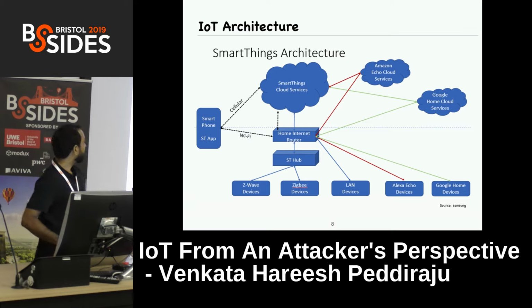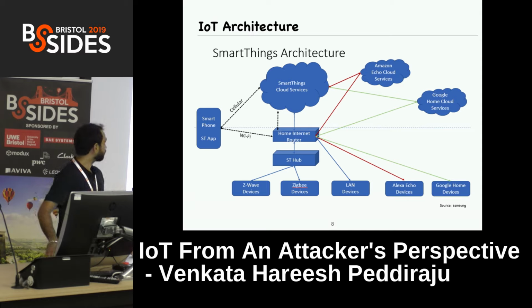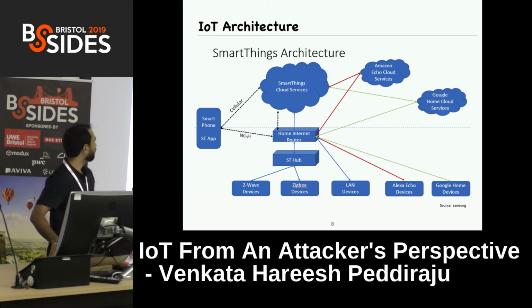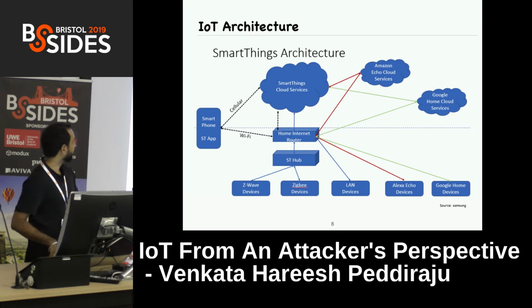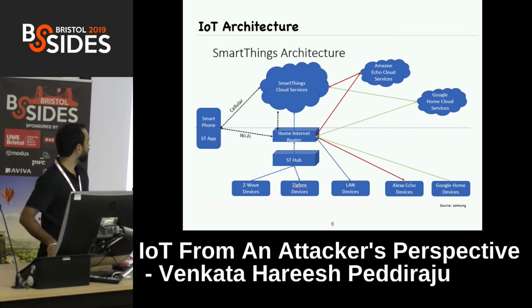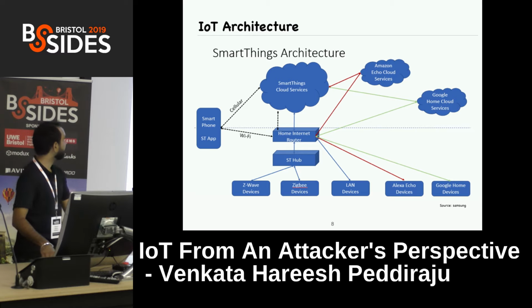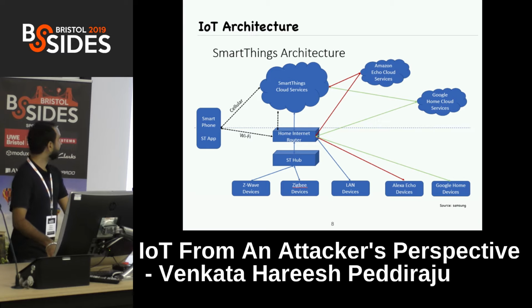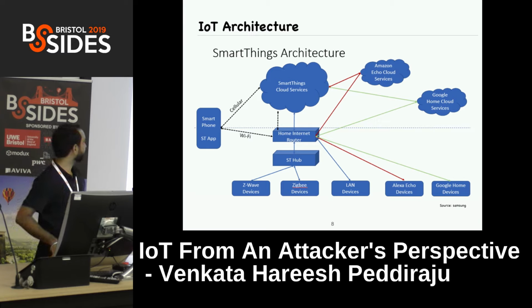So yeah, and we can also understand from this diagram that these devices can also be controlled by Amazon's Alexa and Google Home. The reason why that is possible is that there is this thing called third-party integration, right? So Amazon, Google, and Samsung have come together, and they have opened up certain services that each of them can leverage to communicate with each other and control the devices essentially.